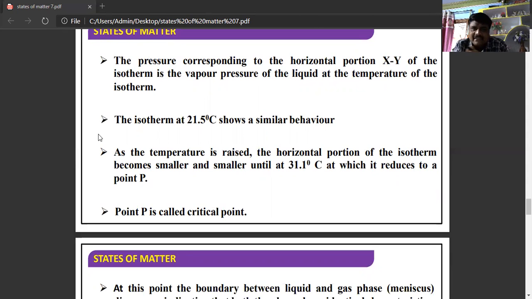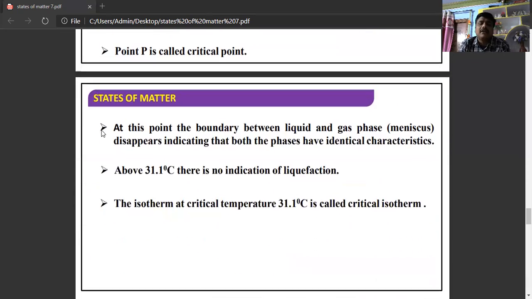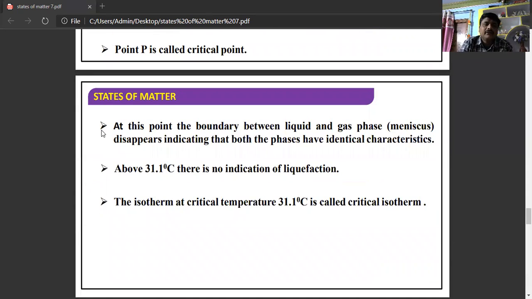When we increase the temperature, the horizontal portion of the isotherm becomes smaller and smaller until, at 31.1 degrees centigrade, it is reduced to point P. That point P is called the critical point. At this critical point, the boundary between the liquid and gaseous phases disappears.